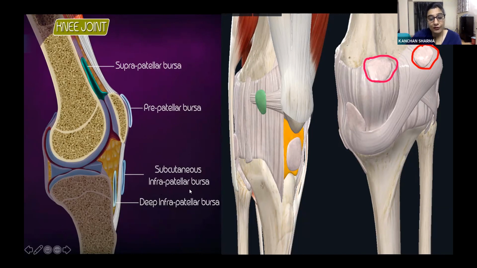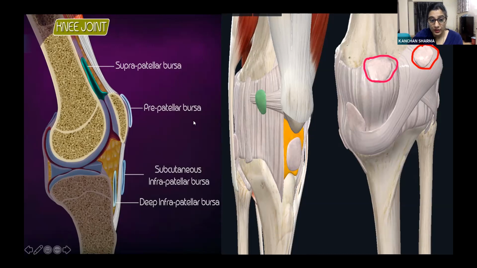Then you have the infrapatellar superficial and deep bursas. Here you have the patellar ligament, which you are able to see as the white structure. The one in front of the patellar ligament we call superficial, and the other we call the deep infrapatellar bursa.